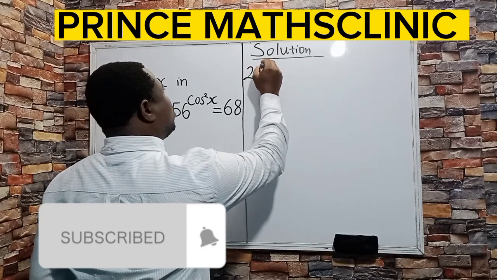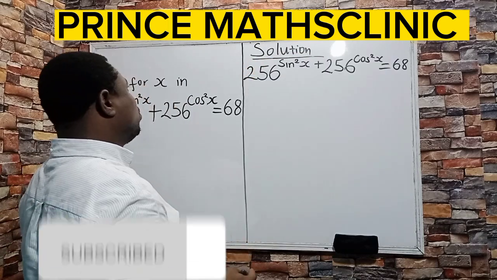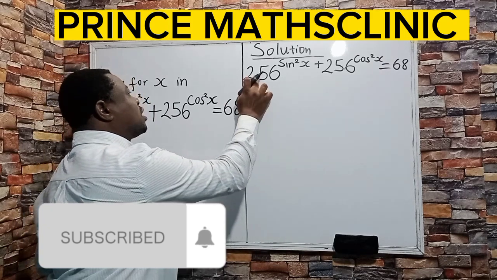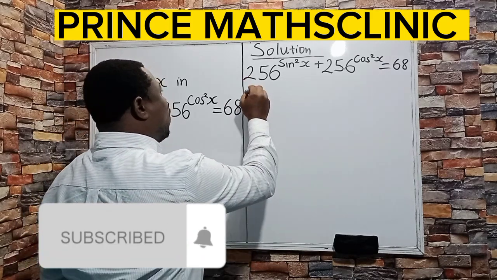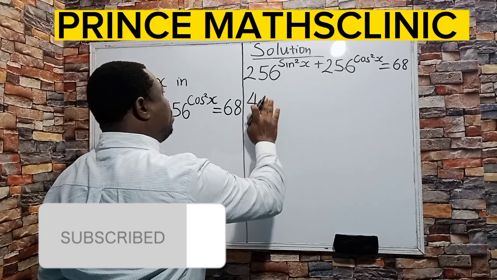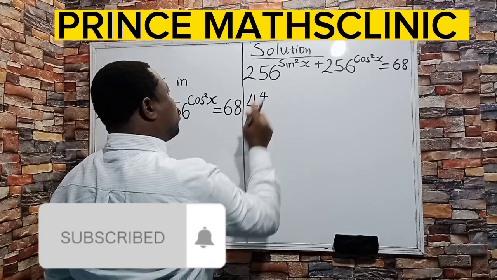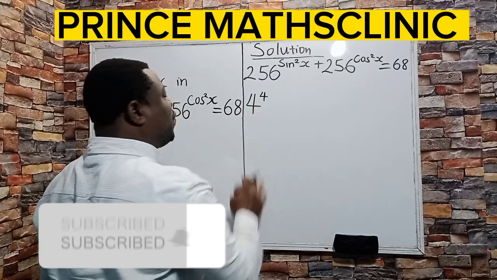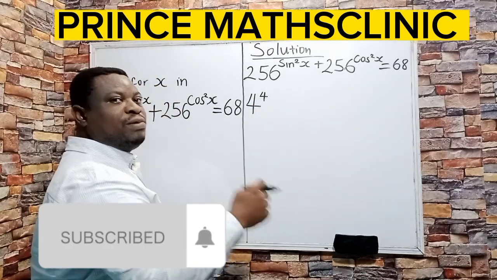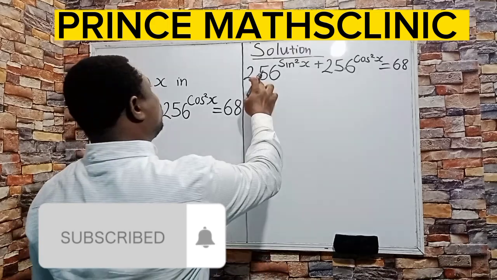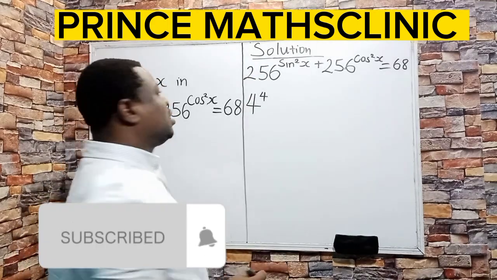First of all, write out the question. That's the first thing to do. 256 can be written as 4 to the power of 4, because 4 to the power of 4 means 4 times 4 times 4 times 4. It will give us 256.